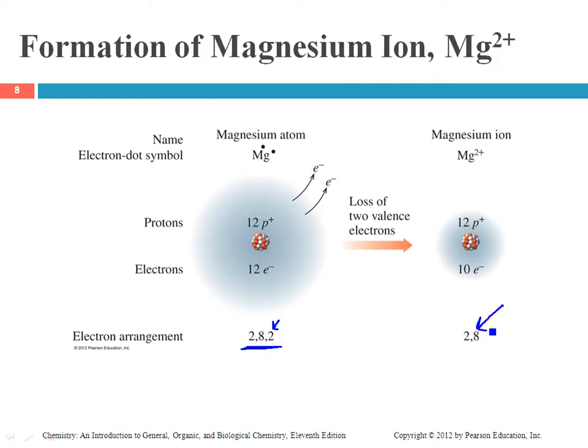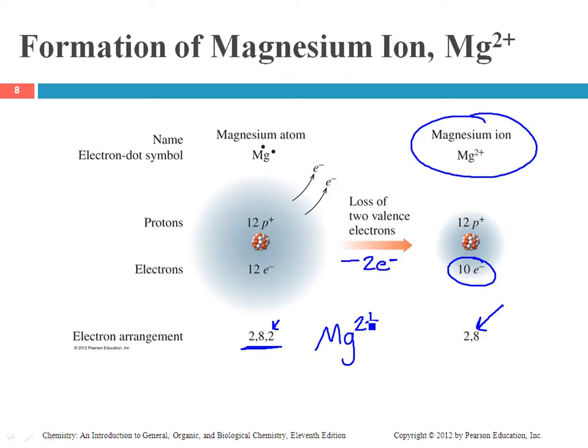If magnesium loses 2 electrons, then it's going to have 10 electrons, just like we have shown before. But we represent the magnesium ion as Mg2+. That 2 accounts for the charge for those 2 electrons that were lost. So metals, like we said, form positive charge based upon how many electrons they lose.